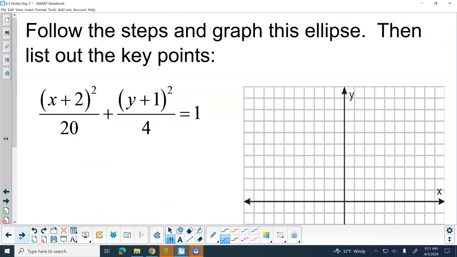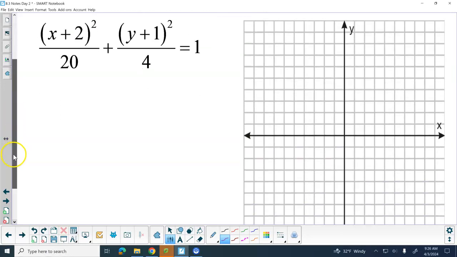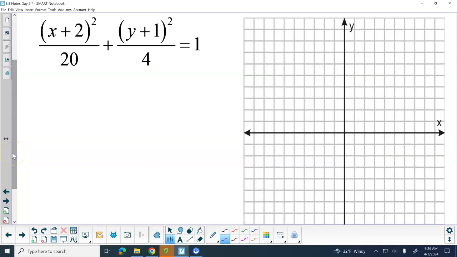You try that. All right. Center. Where's the center? (-2, -1). Do we all agree with that? So that would be right there.